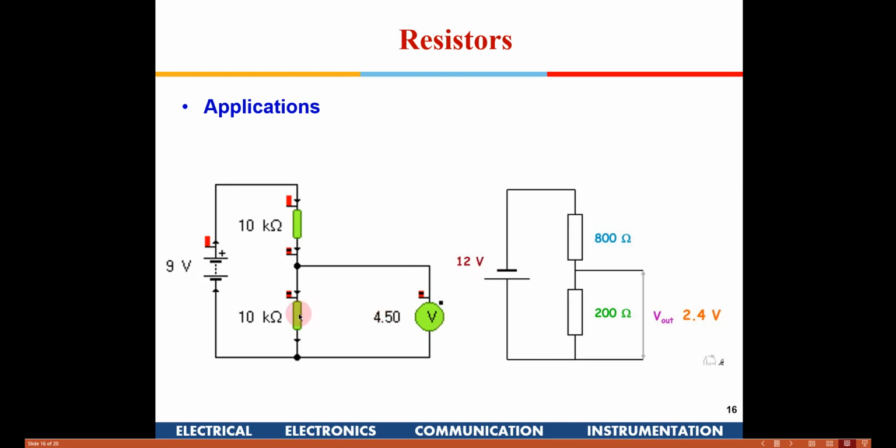That 100 ohms and 10k come in parallel, so the net effective resistance will be below 100 ohms, and then you will not get 4.5 volts. In such cases, you will have to reduce the values of these two resistors. If you are operating a 100 ohm load, then probably you will have to use 10 ohms and 10 ohms out here, so that while connecting or disconnecting the load, the voltage remains at 4.5 volts.